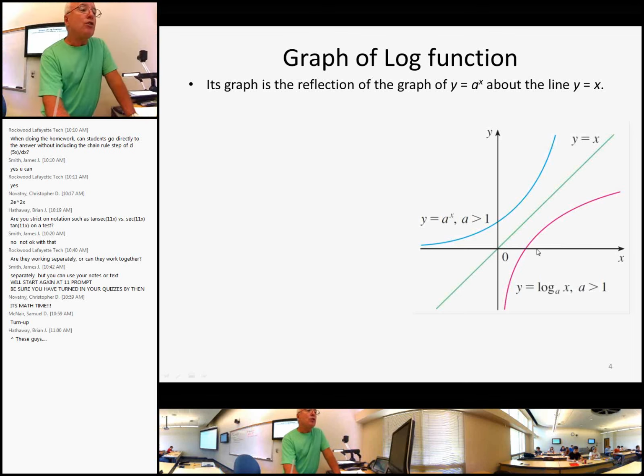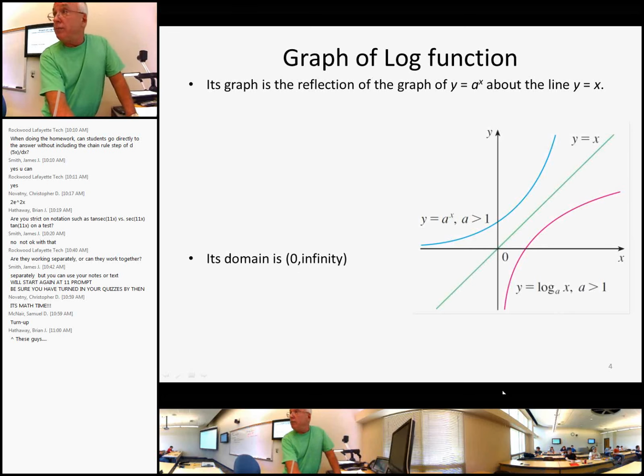So our graph is only over here on the right-hand side. Its domain is from 0 to infinity, but does not include 0. We cannot take the log of 0. And notice that as it gets closer to 0, it goes down, down, down, and goes to negative infinity.